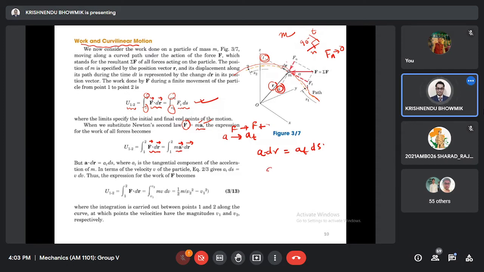Now we know At ds can be written as v dv.